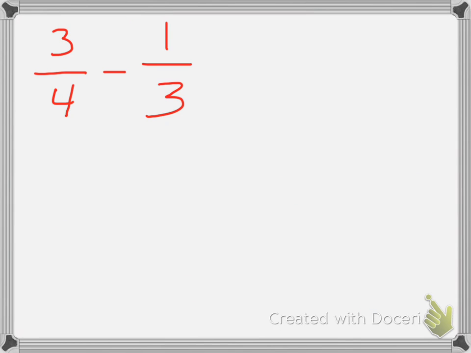We also do the same for subtracting fractions. 3/4 minus 1/3. That cannot be done because they're not the same denominator, so we're going to have to change the denominator. We're going to take 3/4 and multiply it by the opposite denominator of 3, and we get 9/12.